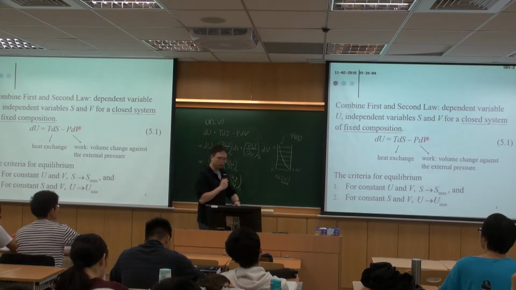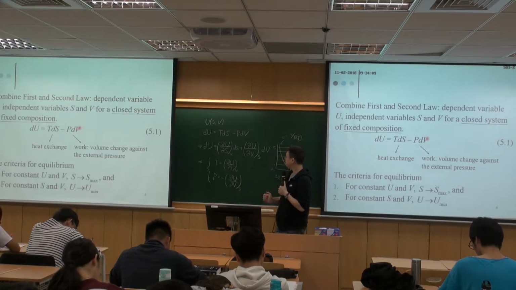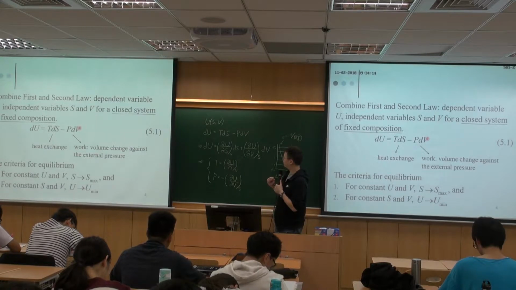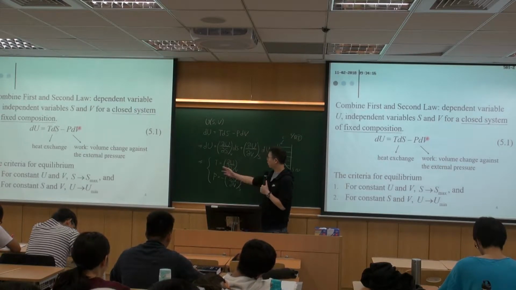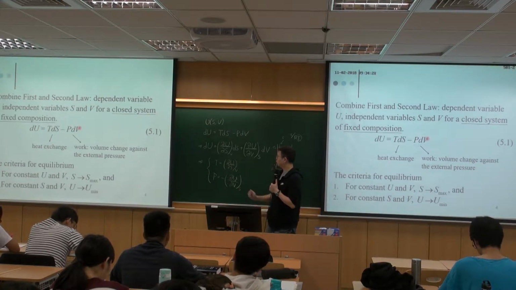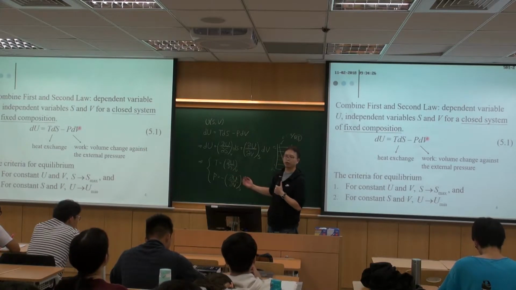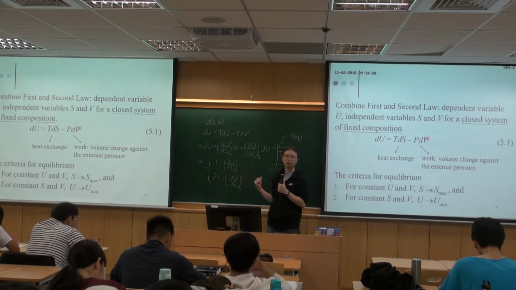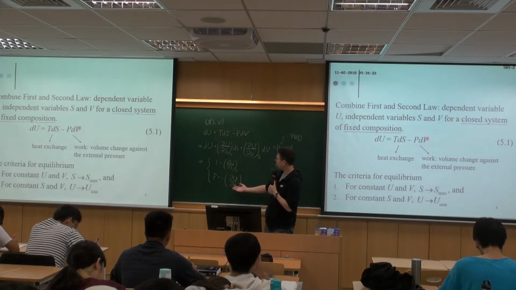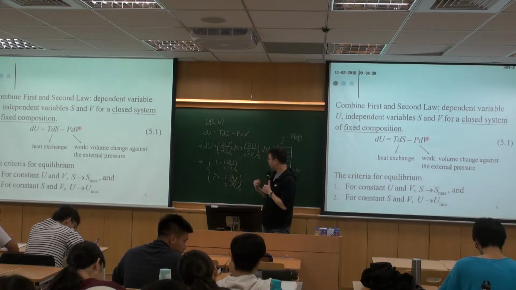So the problem is, are these expressions really useful or not? For instance, if we measure temperature, then it means that if we fix the volume, the temperature actually tells us the rate of change between internal energy and the entropy. Okay, but since we don't know how to measure entropy, this seems to be pretty useless. This one may be more useful, but that's the case when we know how to express internal energy.